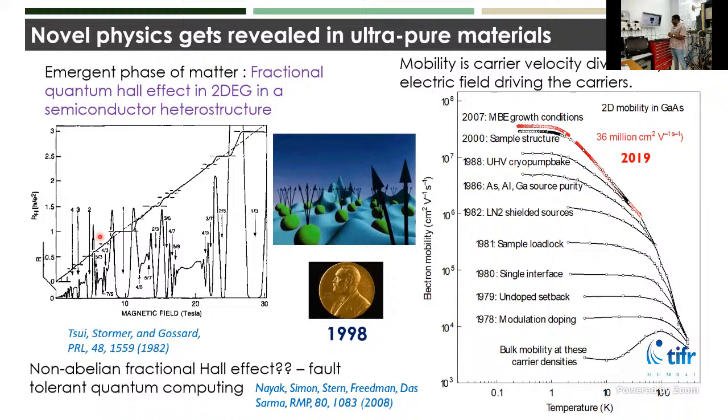This has an entirely new kind of physics where you have fractionally charged quasi-particles. An electron has one electron charge, but these quasi-particles have not an integer, but a fraction of charge. And this was duly given a Nobel Prize in 1998 because it's altogether a new state of matter that people found in these very pristine material systems.